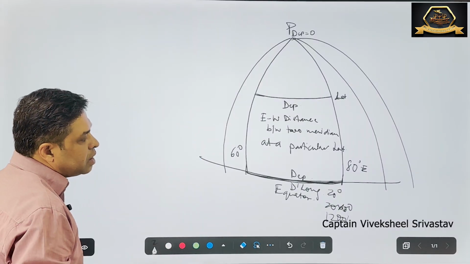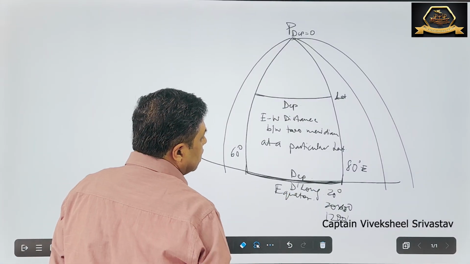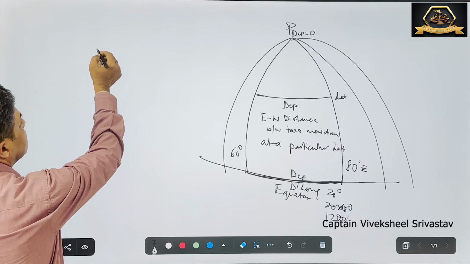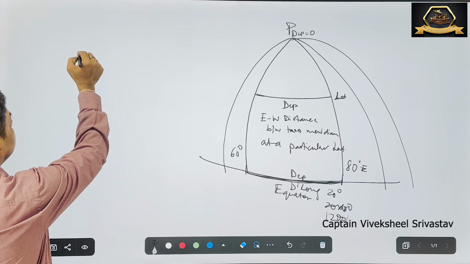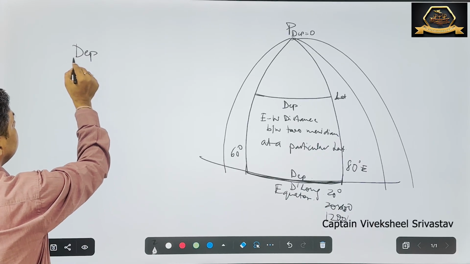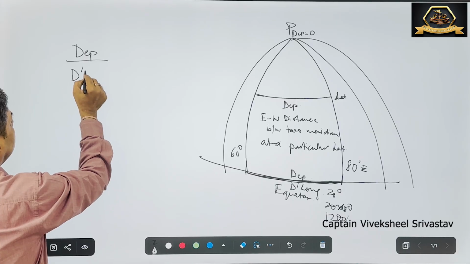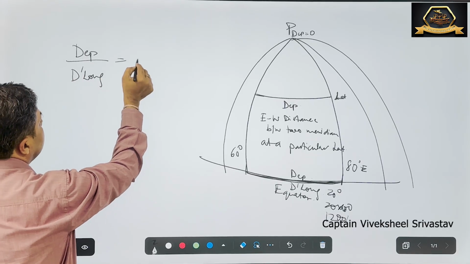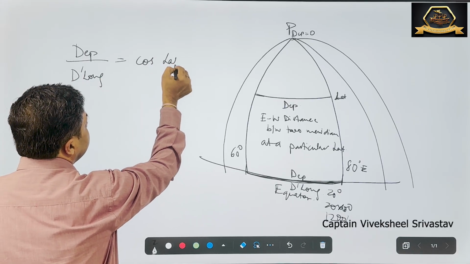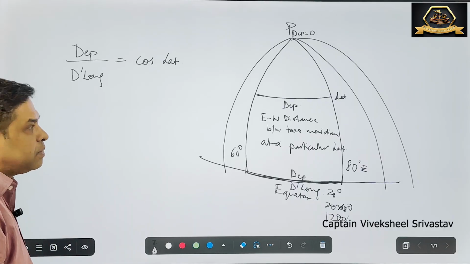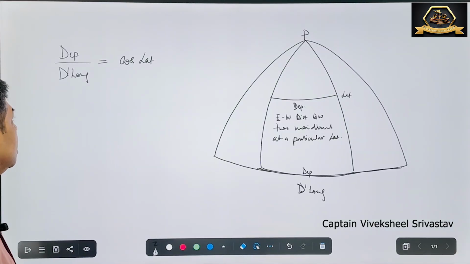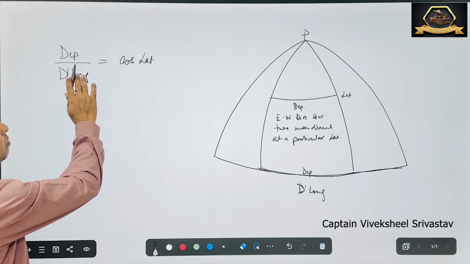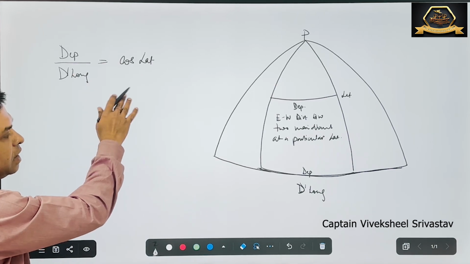Now there is a formula for departure, how to calculate. This is given by departure upon d long is equal to cos of latitude. So this is the relationship between departure, d long and latitude.